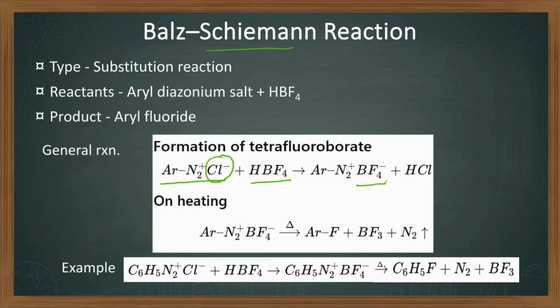This is one step. In the second step we heat it. On heating, this escapes as nitrogen, and from this fluoroborate ion unit BF3 is removed. Finally aryl fluoride is produced as the main product, and this reaction takes place in two steps.